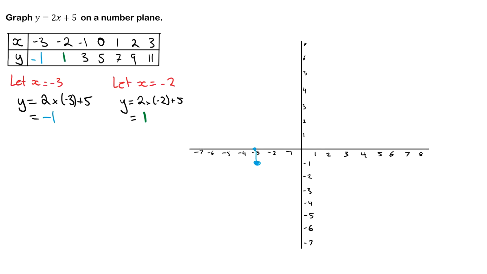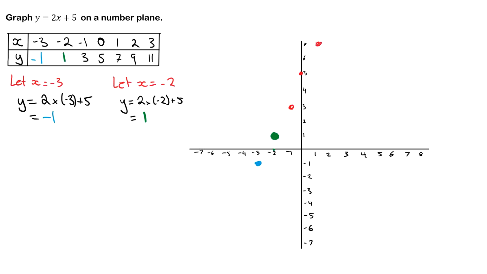I know it's at -3, -1, so that's where my first point is. If I do the green one, we go across to -2, then up 1, so I know there's a point here. You continue to do this until all your points are plotted: -1, 3; 0, 5; 1, 7.